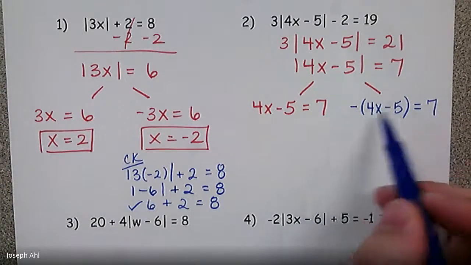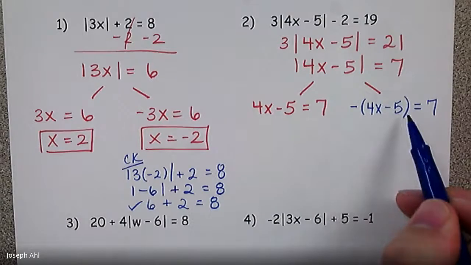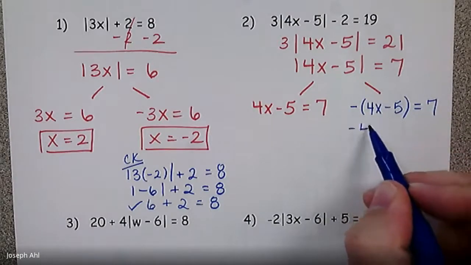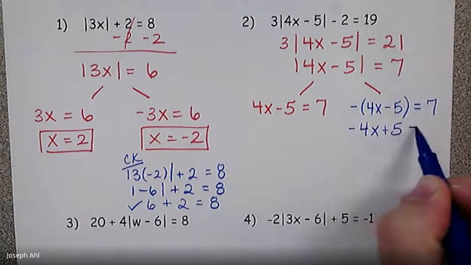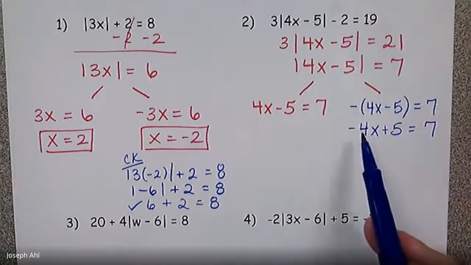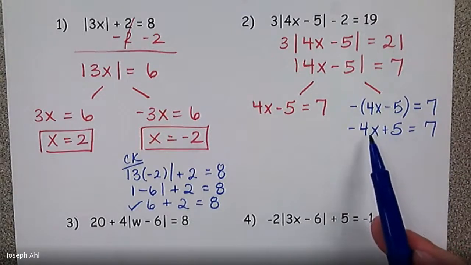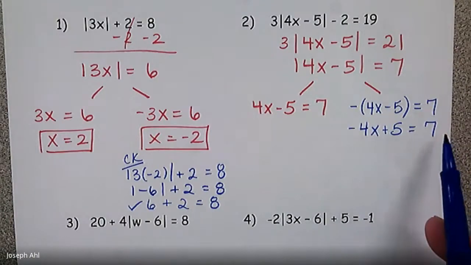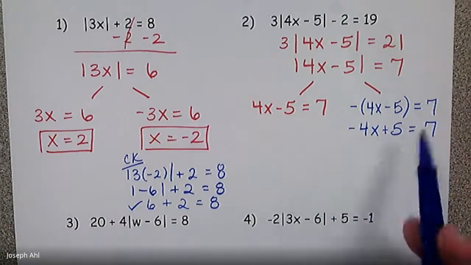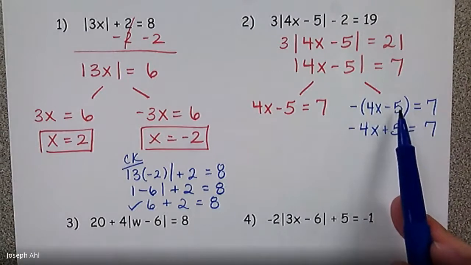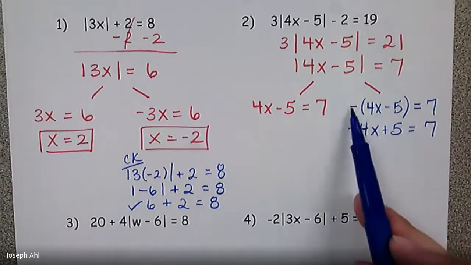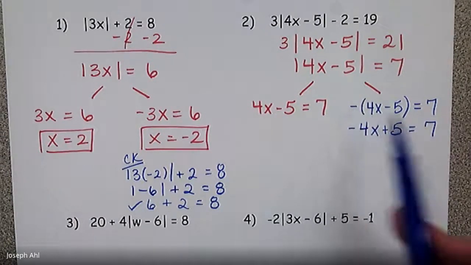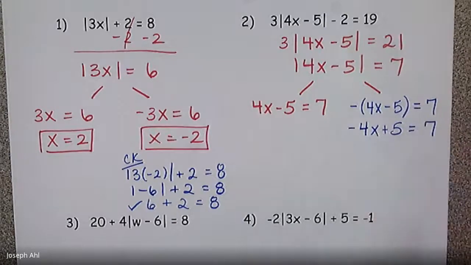So realize that what that does, if you don't write it this way every single time, is it negates both of those terms. If I distribute that negative in, on this side of the branch, I'm going to solve when does negative 4x plus 5 equal 7. So be cautious that when you make that split, you change the sign of both terms there. You can write that initially as putting the negative outside that entire expression if you want.